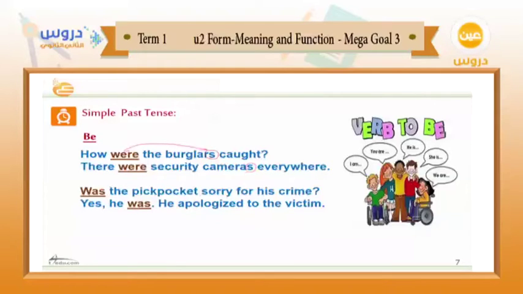If the subject is singular, no S here, so we use what? Was. This is a question, and this is a question too. Was the pickpocket sorry for his crime? Yes, he was. So we used was for the singular subject.